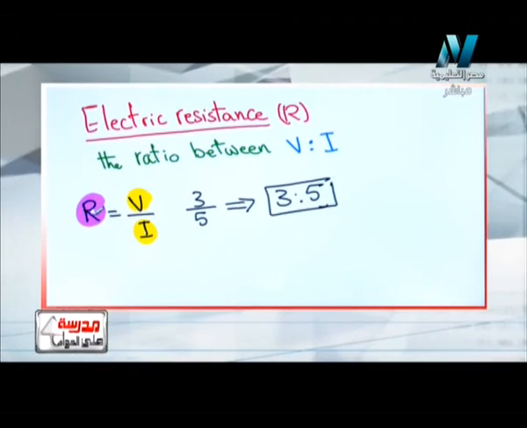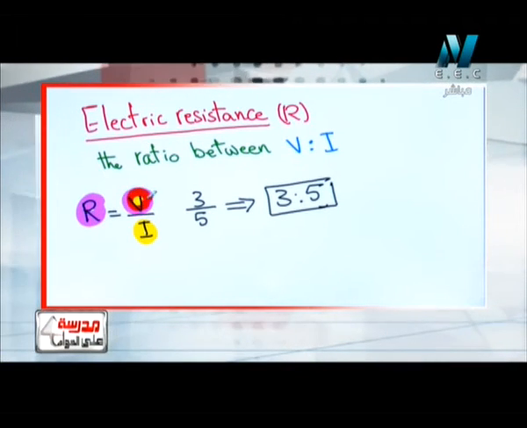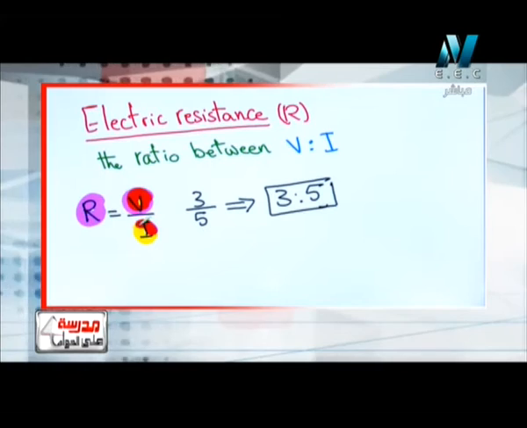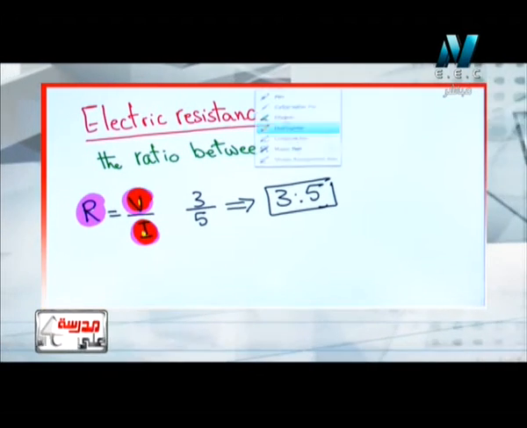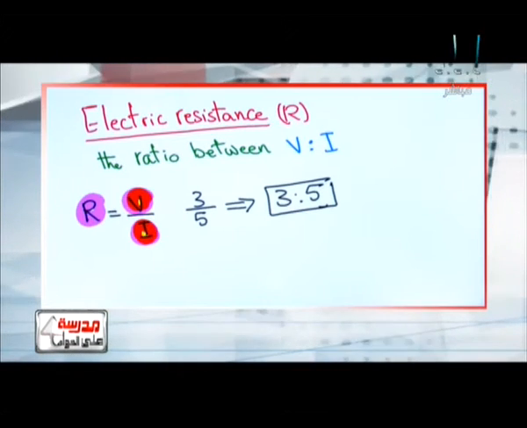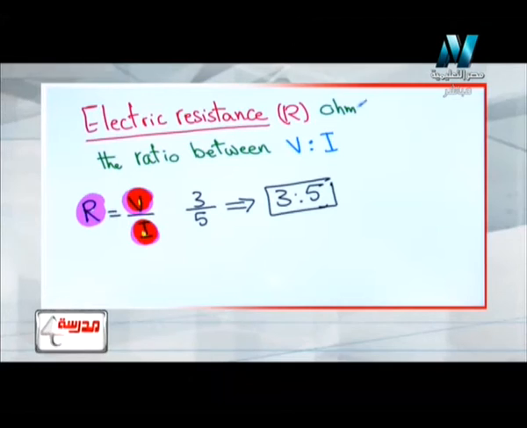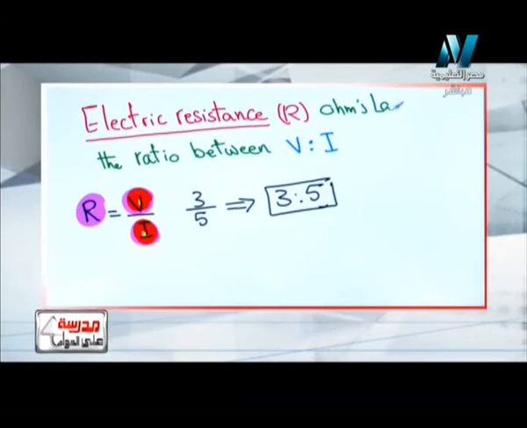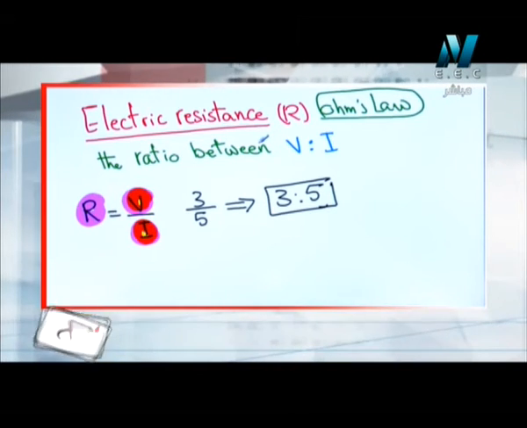Electric resistance is the ratio between the potential difference and the electric current intensity, according to Ohm's law. We now know the electric resistance according to Ohm's law.